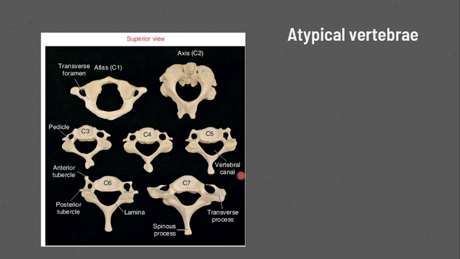Because 2/3 of the blood supply to the brain is transmitted through the cervical region. It's very important to be careful with this region when you apply manual therapy or any modality of treatment.